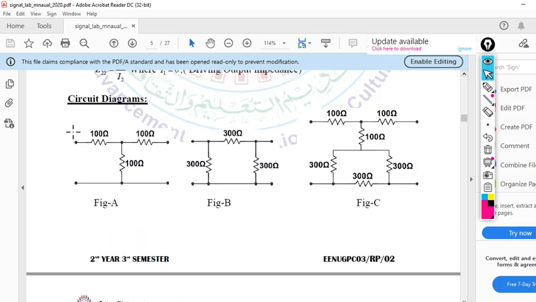Here you will put the multimeter. You will give supply here and keep your multimeter here. So what will you get? V2. V1 is the supply, V2 you will obtain. And another, I1, is this.